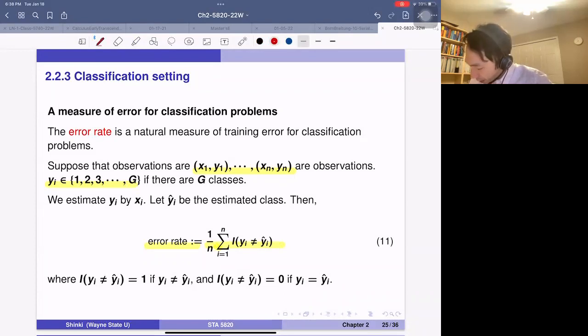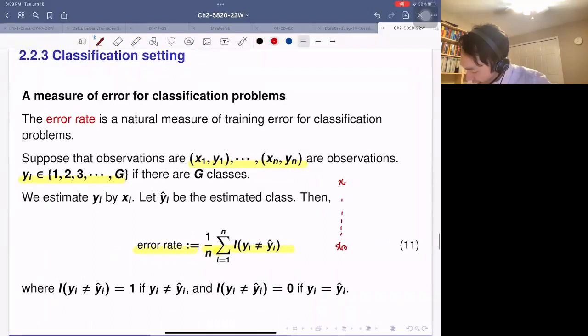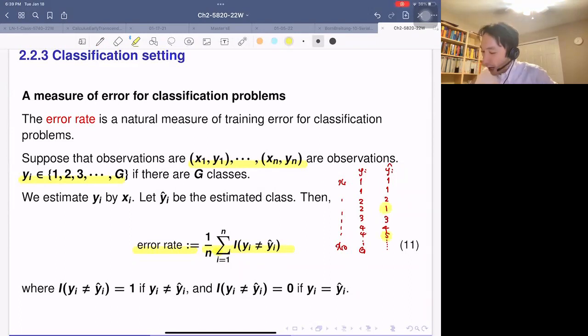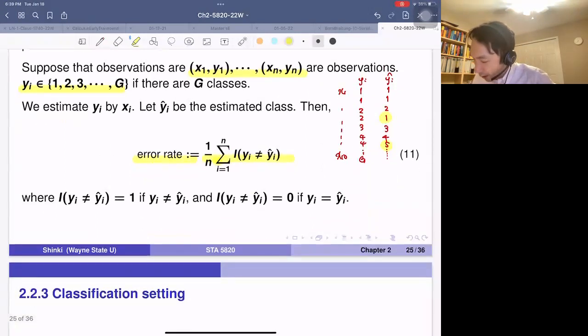Suppose we have observations x1 to x10 and y1 to y10, like 1, 1, 2, 2, 3, 4, 4, and so on. Then we have the estimates yi hat, maybe 1, 1, 2, 1, 3, 4, 5, and so on. Then we make an error here, and we make an error here. So we count the number of errors, and this is the error rate.